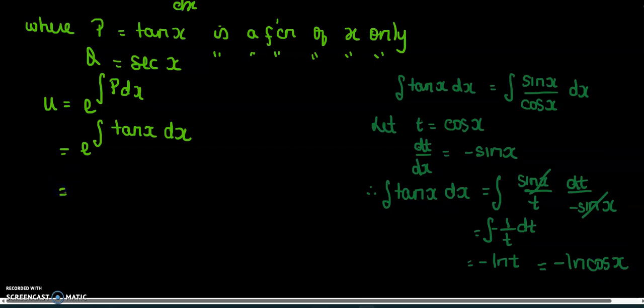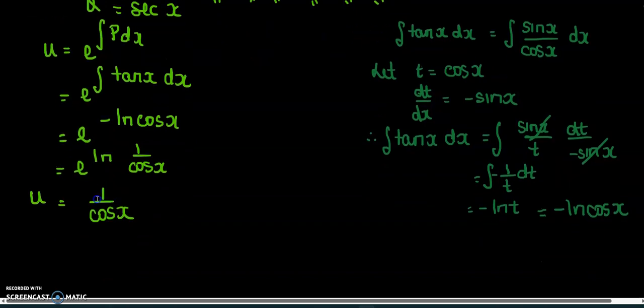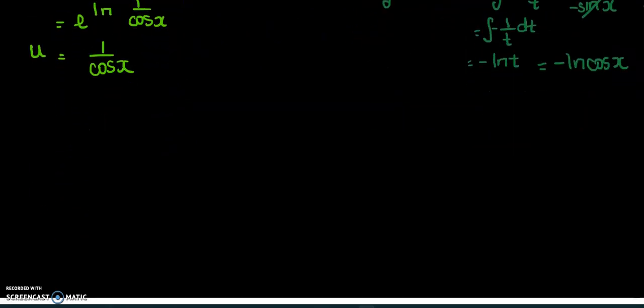So our integrating factor u is equal to e to the minus ln of cos x, and this is equal to e to the ln of 1 on cos x, so the integrating factor u is 1 over cos x. So now we multiply equation 1 by u.